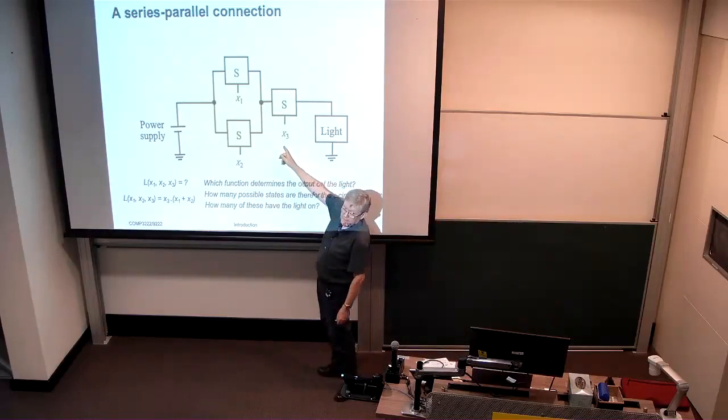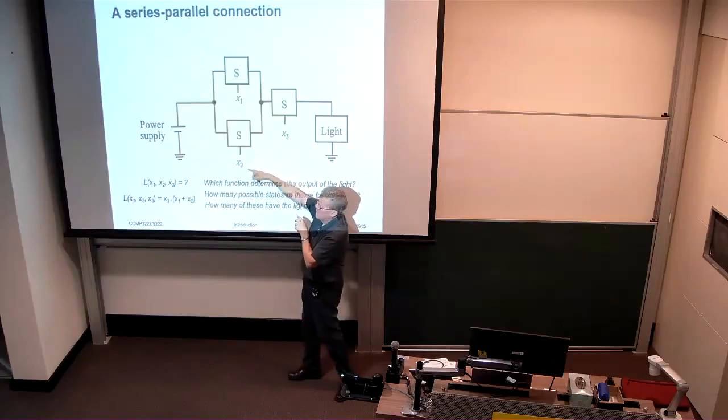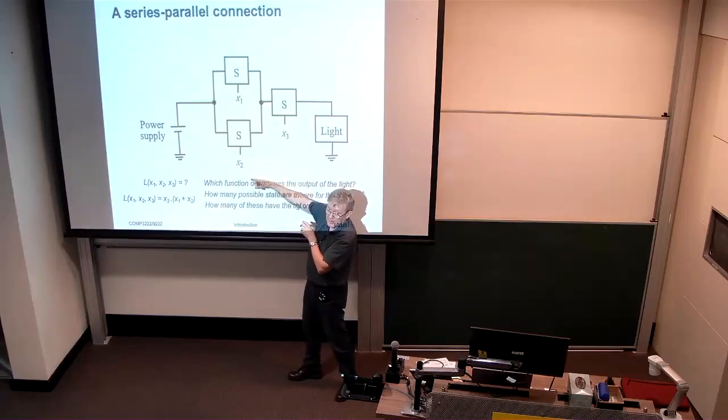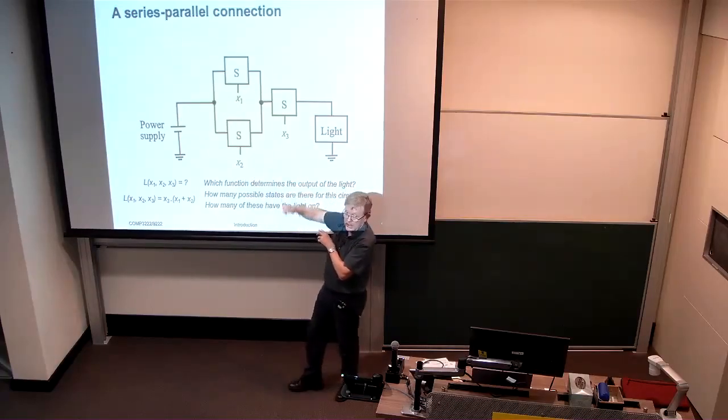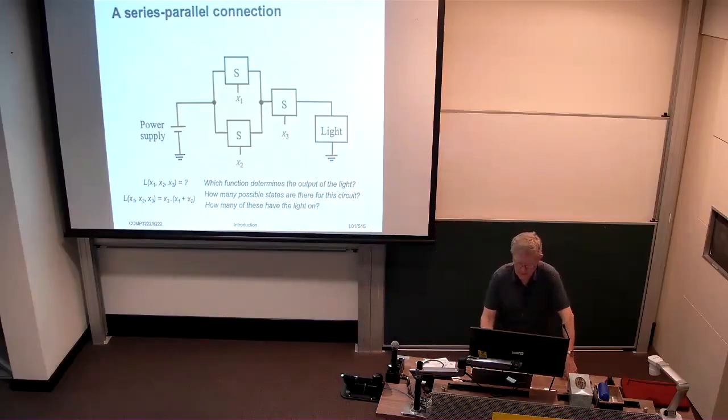We need X3 to be closed, so that's at least half the cases wiped out, because when X3 is open, that doesn't work. And then we need at least one of these guys to be on. There's 3 out of 4 cases there, so it's 3 in total that lead to the light being on.